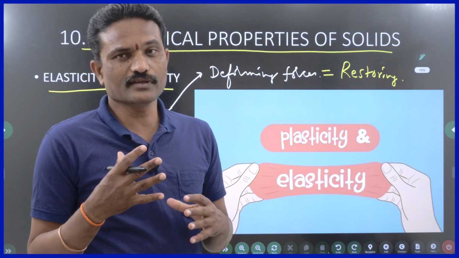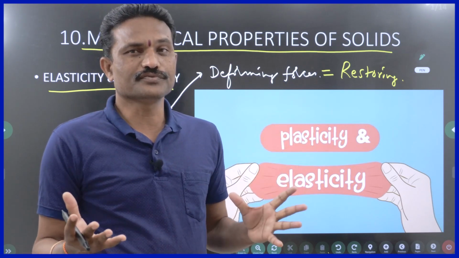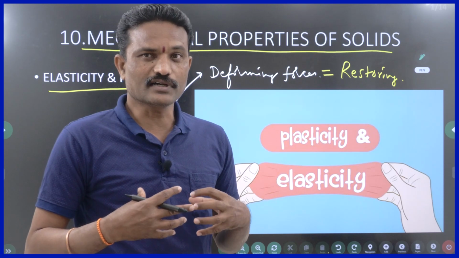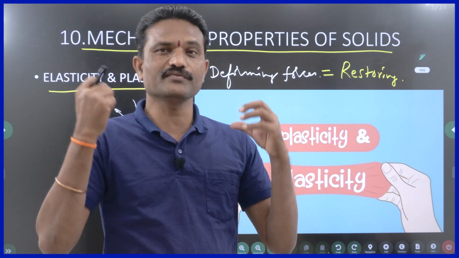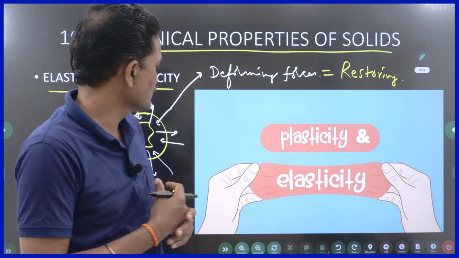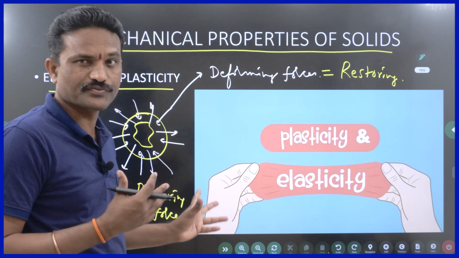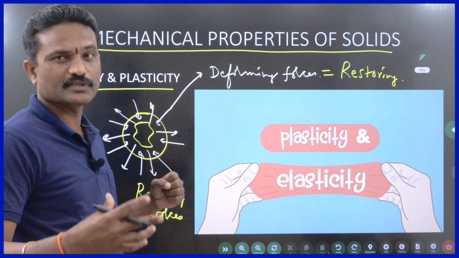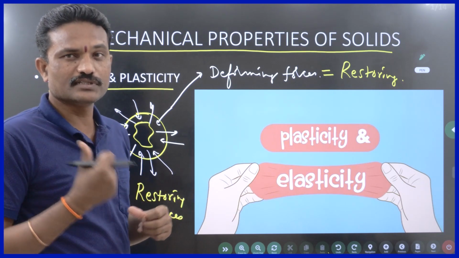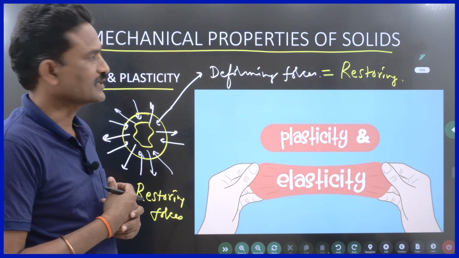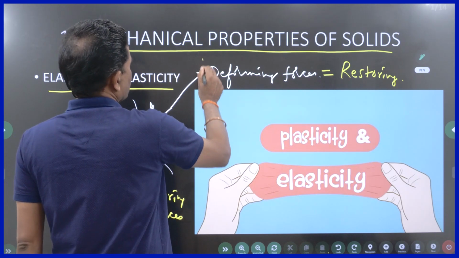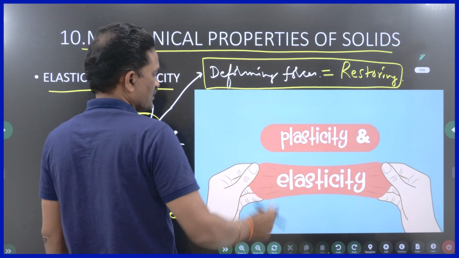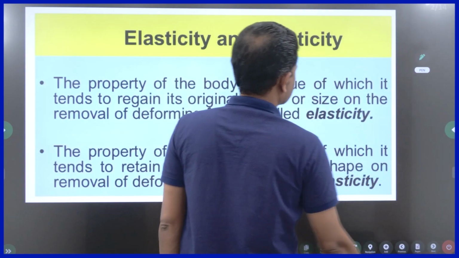After the removal of force, that means after the accident, the shape of the car will not regain its previous shape. That means the restoring forces are not sufficient to bring back the shape or size of the car to its original shape or size. Right. So in almost all elastic cases, we consider that deforming forces are nothing but restoring forces.